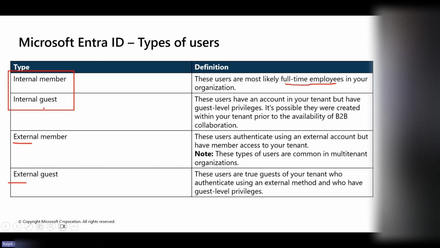Sometimes you have what we call internal guests. Maybe you have business with another organization. That would be business to business. Let's say, for example, I had my Contoso tenant and Curry had a different tenant, perhaps Fabrikam, but we do business together.